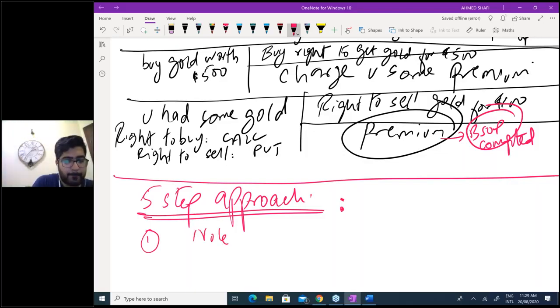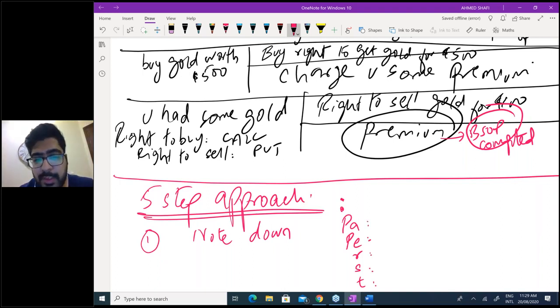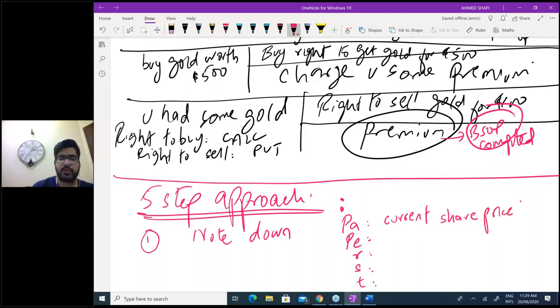Step one is you note down PA, PE, R, S, and T. So what is this PA, PE, R, S, T? PA is called the current share price or the commodity price, whatever you are doing. PE is called the exercise price. R is the risk-free rate.